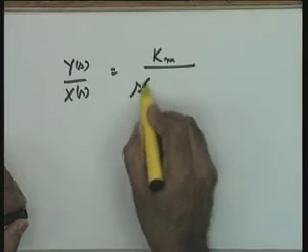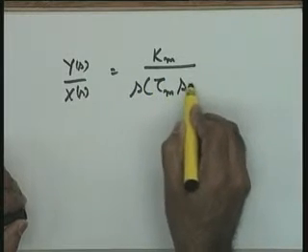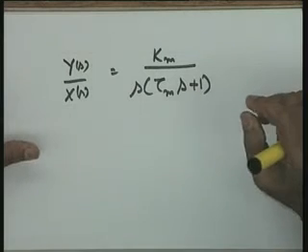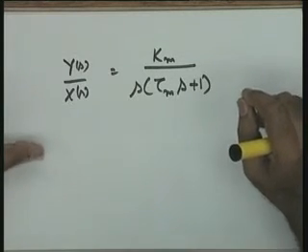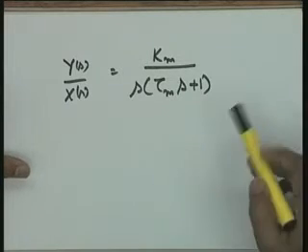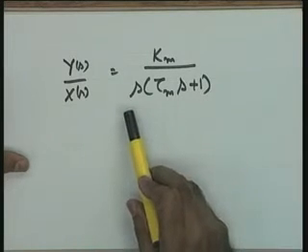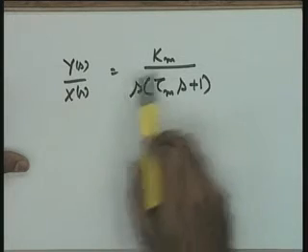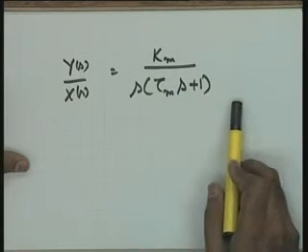This I leave to you to write. Always represent your transfer function in terms of time constants or zeta and omega n, depending upon whether the factor is a first order factor or a second order factor respectively. Since this is a first order factor with an integrator, I am putting the transfer function in the form Y(s) over X(s) is equal to Km over s into (tau m s plus 1).